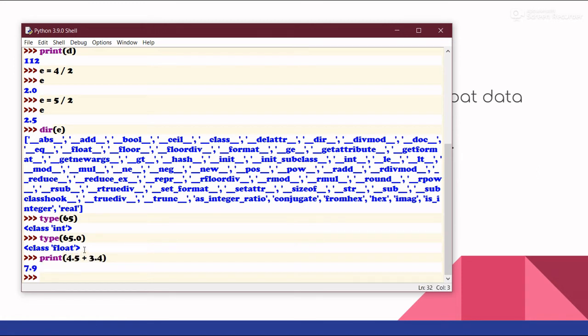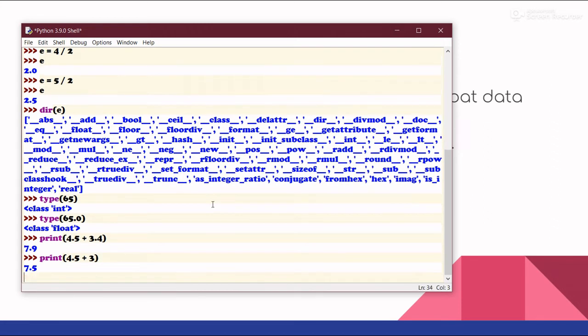Obviously it's expected, right? If we add 4.5 and 3.4, we are going to get 7.9. But the main thing to observe over here is both are float, and we got float as the result. What if we do 4.5 plus 3? One of them is float, but the next one is an integer. What do you think will happen?